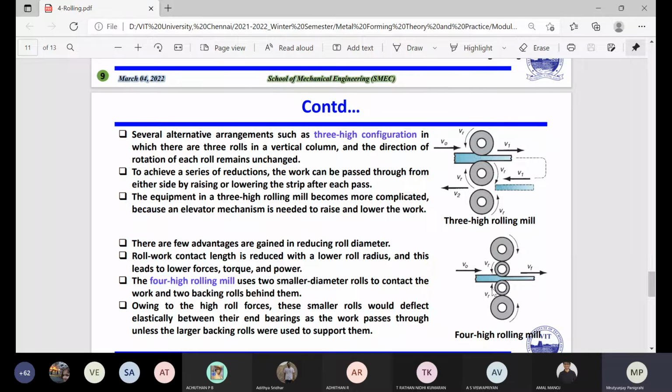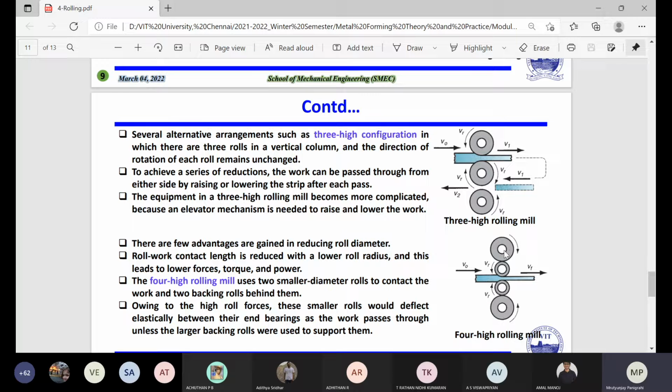The moment you can decrease the roll diameter, you can go for the four high rolling. It actually uses two smaller diameter rolls here, and the bigger diameter rolls, which we have normally used in the two high or three high roll mill. Owing to the high roll forces, the smaller rolls would deflect elastically between their end bearings at the work pass unless the larger backing rolls were used to support them. So you can see the direction: this is moving in anti-clockwise and this is moving in clockwise, and similarly this is moving in clockwise because you have to pull this sample back.